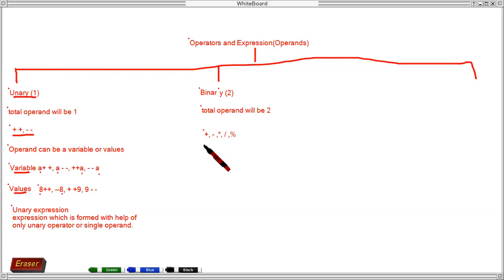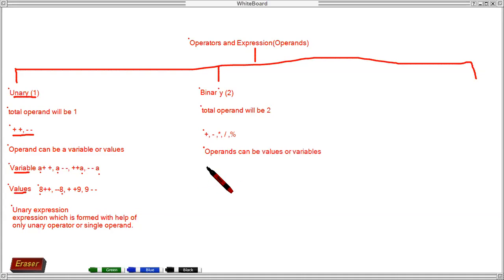Now if we move on to another part, again this particular part remains the same for all the operators, that is, operands can be values or variables.